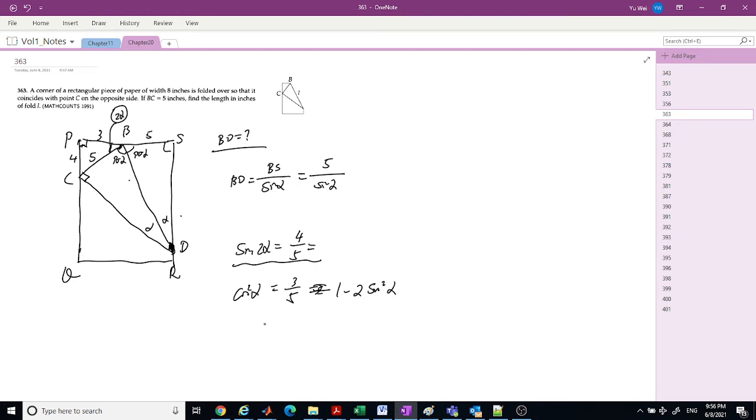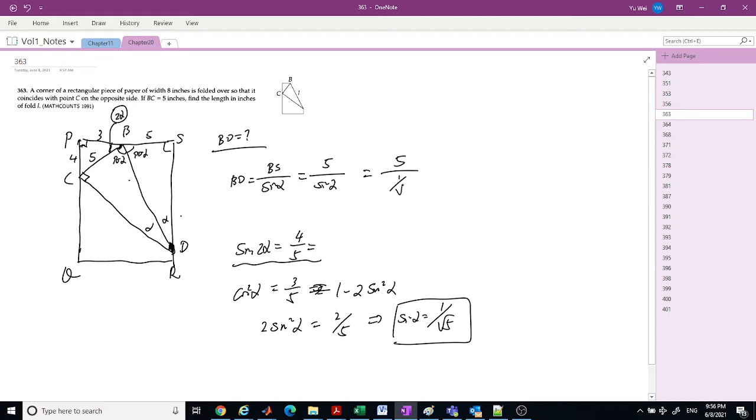So now we can solve: 2 sine square alpha equals 2 over 5. So we can see sine alpha is 1 over root 5. Okay, if sine alpha is 1 over root 5, this is 5 over 1 over root 5, which is 5 root 5.